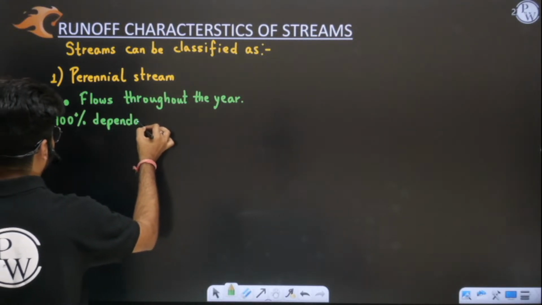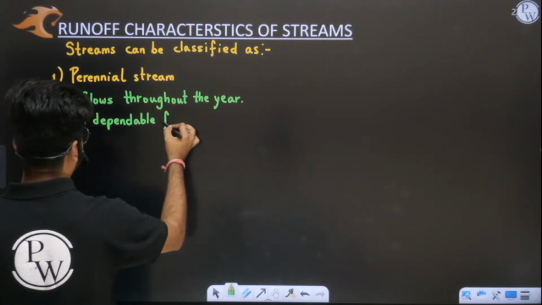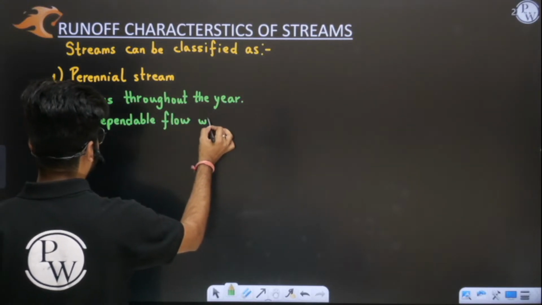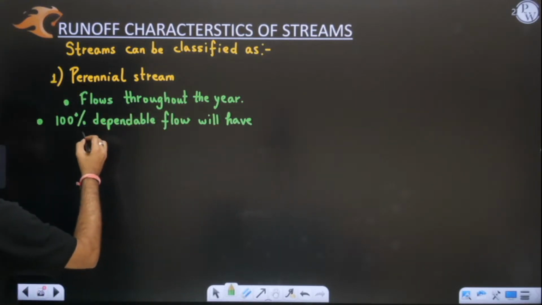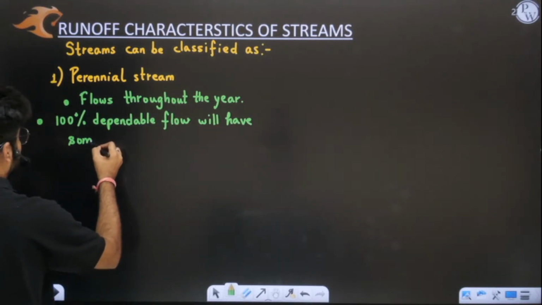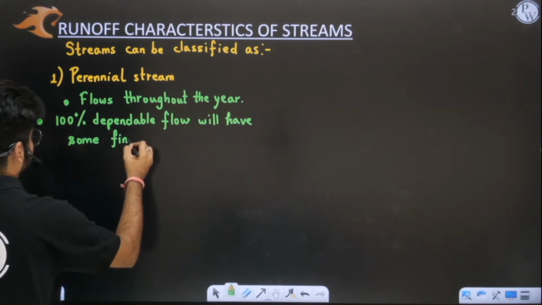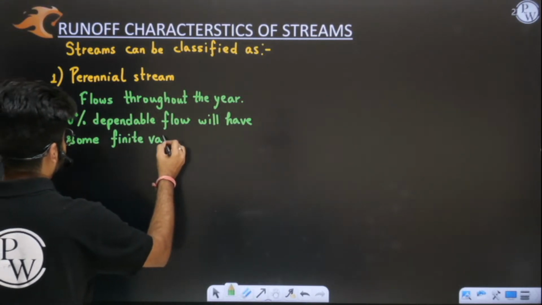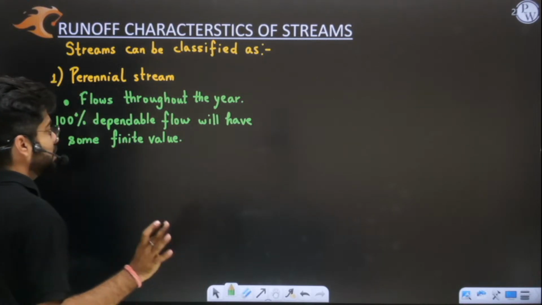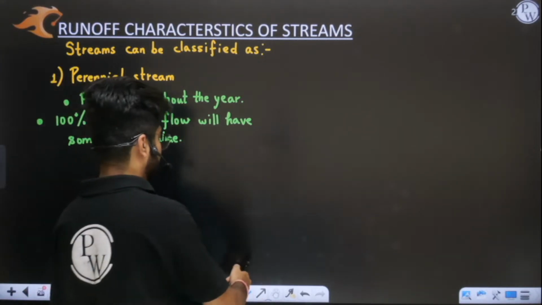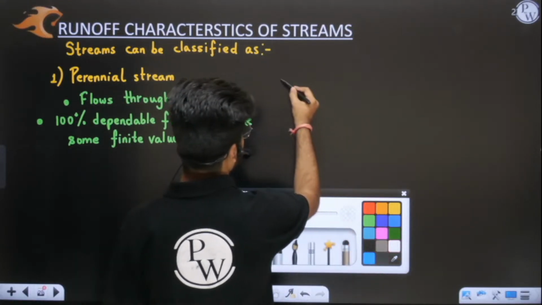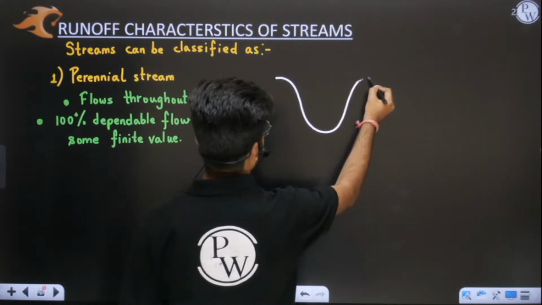What is the meaning of this? I will tell you, just don't worry. This is a very simple point, but before understanding it, let us assume this is your perennial stream.